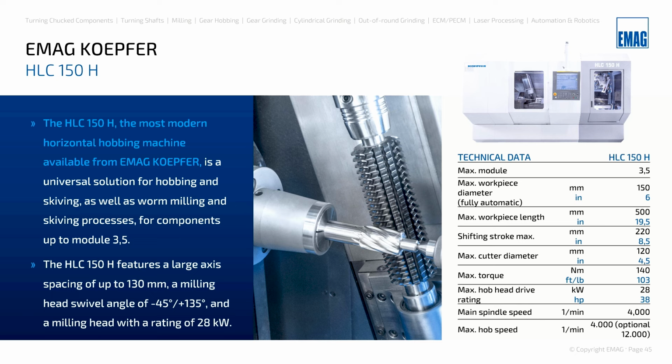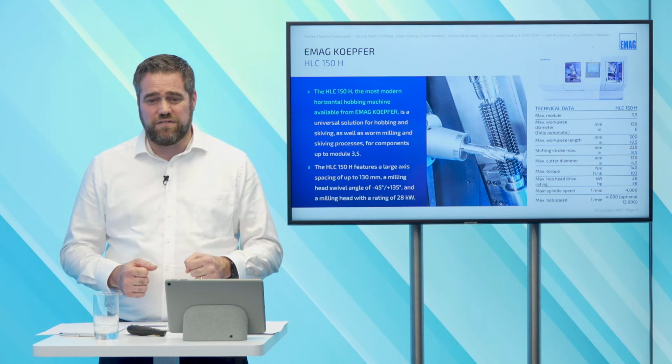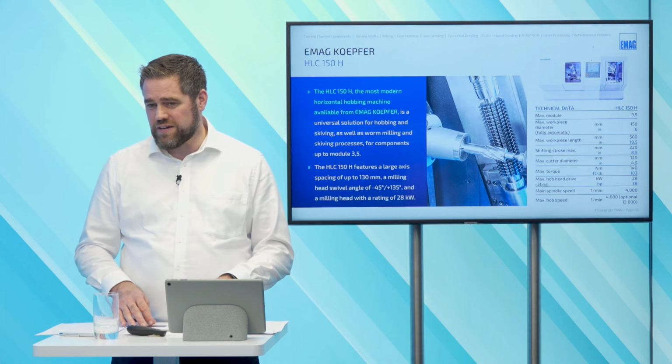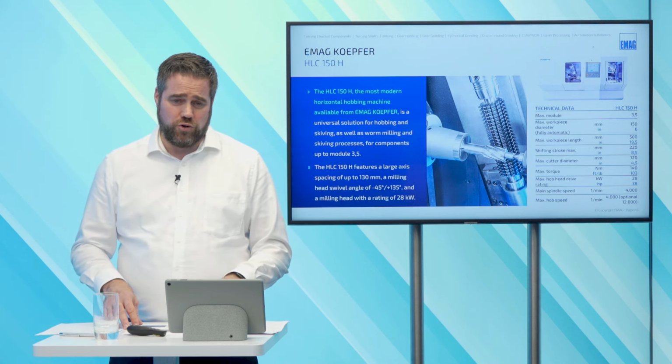You can do power skiving as well. And how can we do this? We have a huge milling head swivel angle, about -45 to +135 degrees. And we have a powerful milling head with a power of 28 kilowatts. So this gives you really good opportunities.